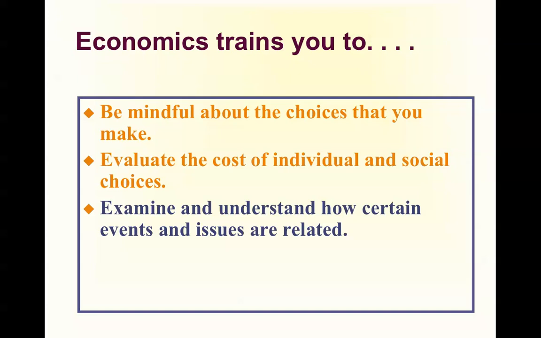The second thing, evaluate the cost of individual and social choices. What is the cost to you? What is the cost to others of a choice that you may make? Your decision to go to school has an impact upon lots of people, not the least of which is yourself.